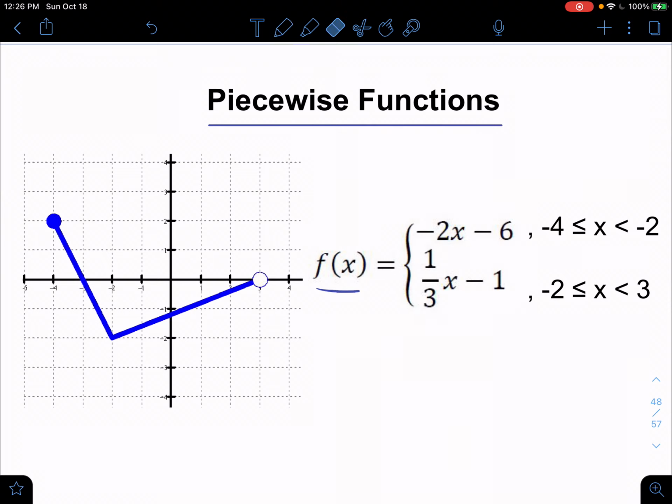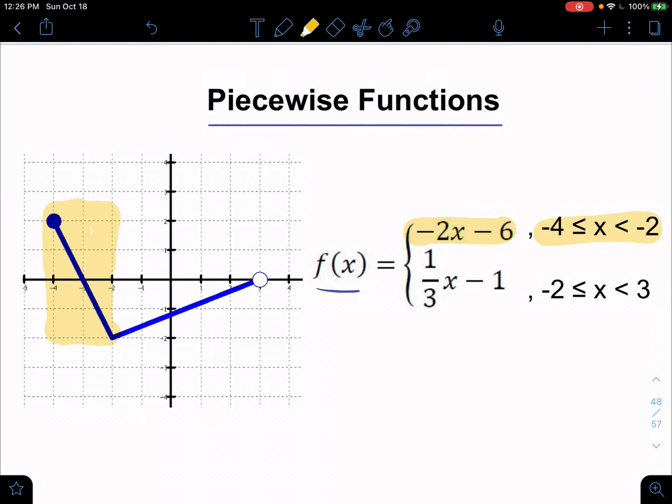This piecewise function, f of x is the name of it, has two rules that it works by. The first rule is negative 2x minus 6, whenever x is between negative 4 and negative 2. So we can see that we have that negative slope. It would have had that intercept of negative 6.